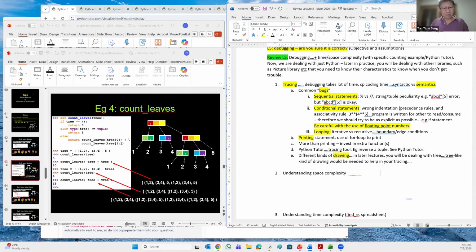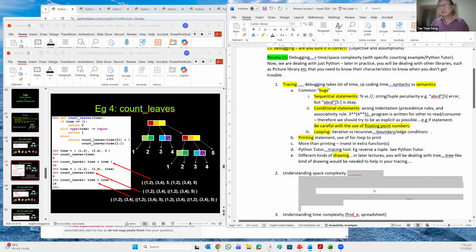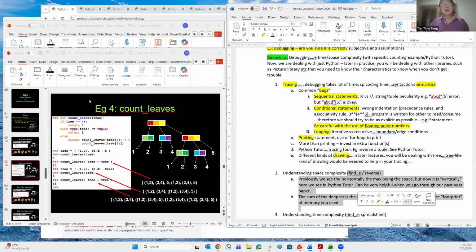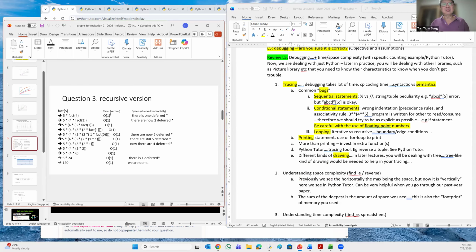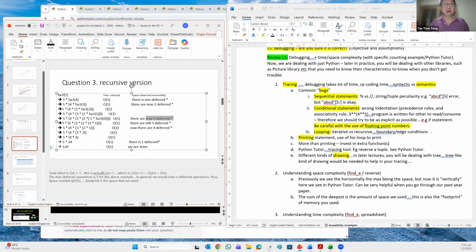And the second point I had was the space. For the space, here are just two statements to tell you that last week we saw this thing. This is how we have 5 deferred multiplications, so the storage needed is O of 5, or actually O of n, because 5 is the input, right?